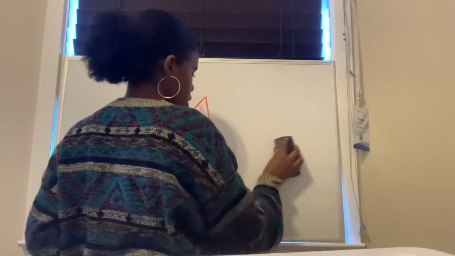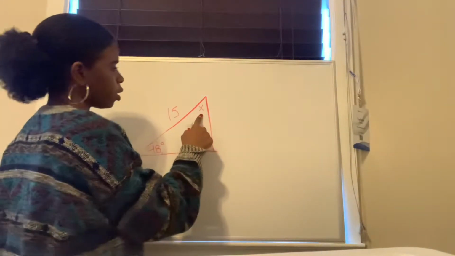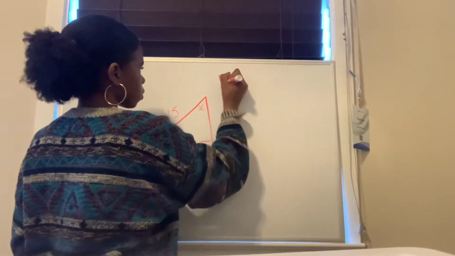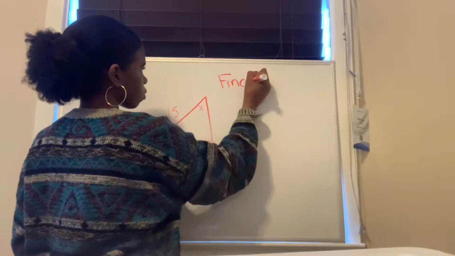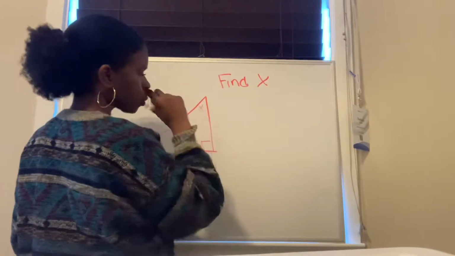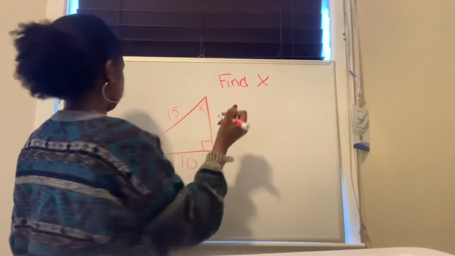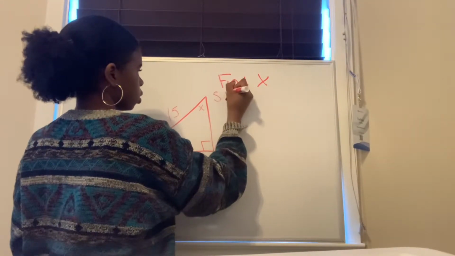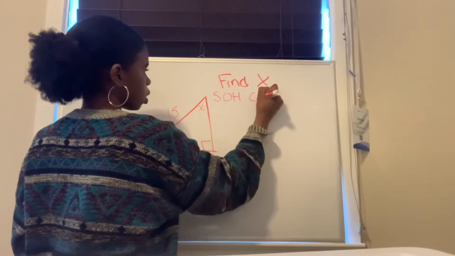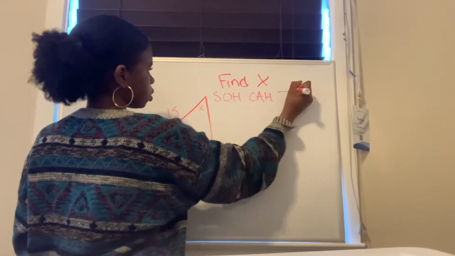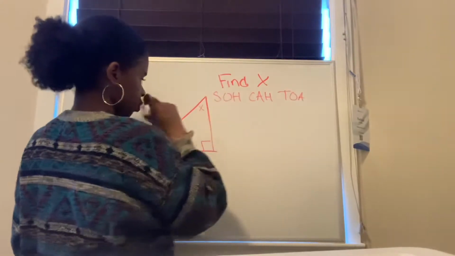Okay, so now we want to find X, which is up here. Okay, so again, we write out SOH CAH TOA. Excuse me.